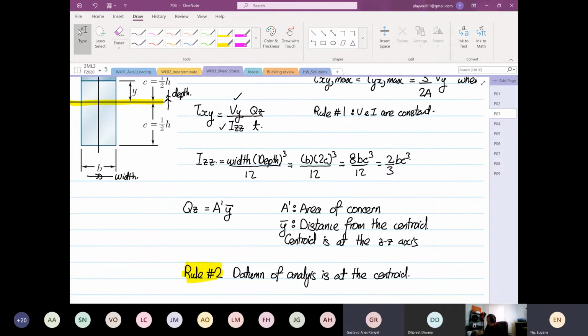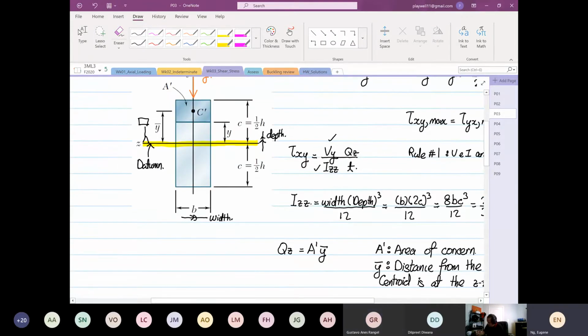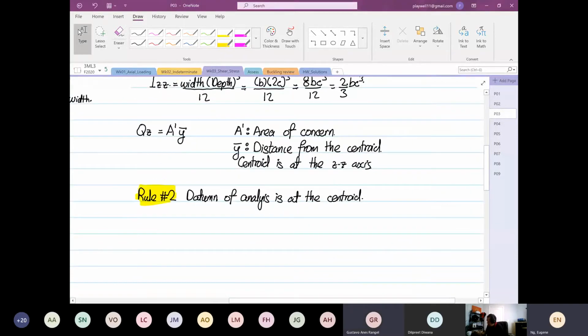C prime is the centroid of this shaded area. I'm talking about global now. The datum of analysis is at the centroid, so that's global, the whole system, instead of the area of interest.